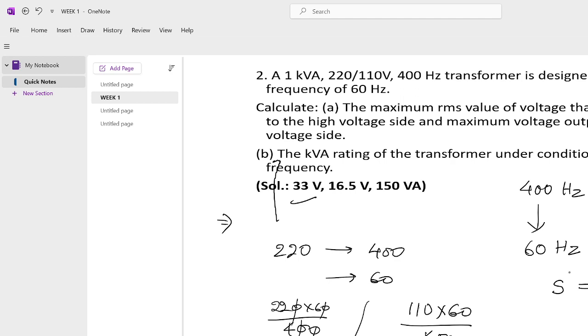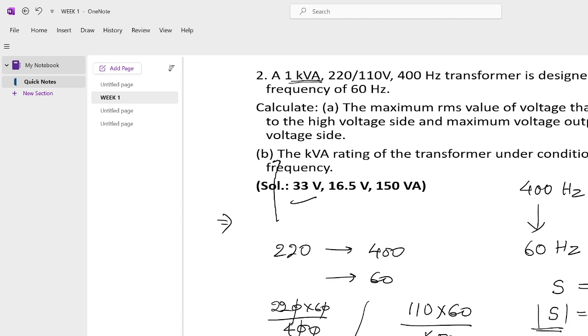Now, in simple terms, try to understand S is equal to V into I, when the magnitude is given, because this is given in the form of magnitude. So you can write V into I, and V is a function of F.